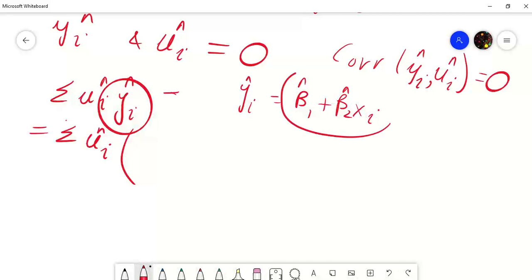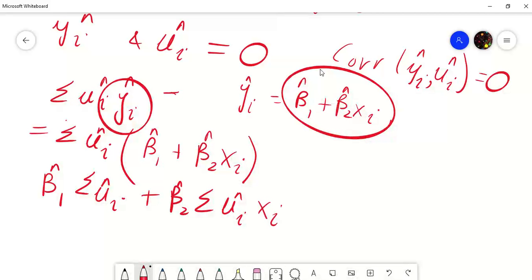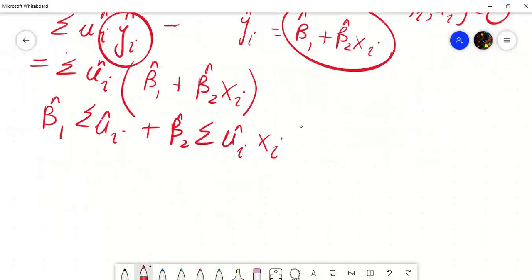So we put the value of yi hat over here, that is beta 1 hat plus beta 2 hat xi. Now beta 1 hat summation mu I hat plus beta 2 hat summation mu I hat xi.